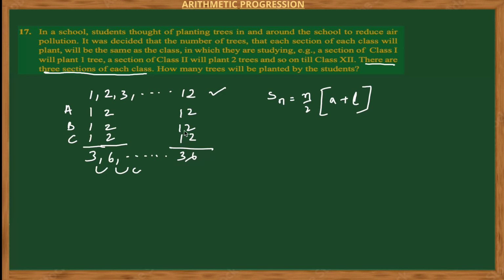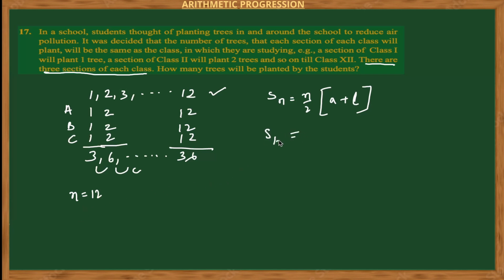How many terms do we have? We have 12 terms, starting from 1, 2, 3 till 12. So n is equal to 12, because it goes from 1 to 12, and we have the value of the 12th term also. Let's put it here.